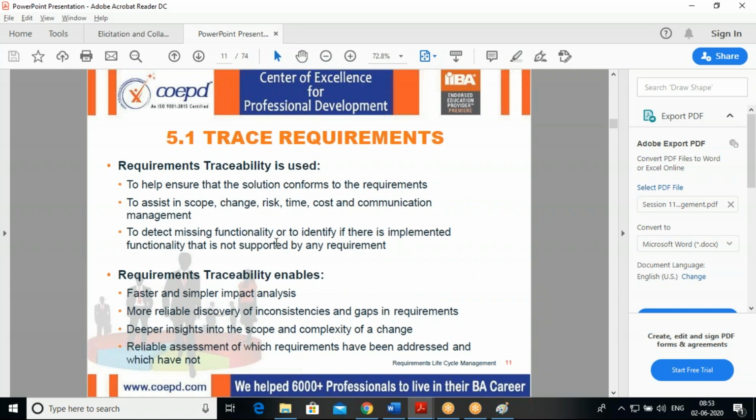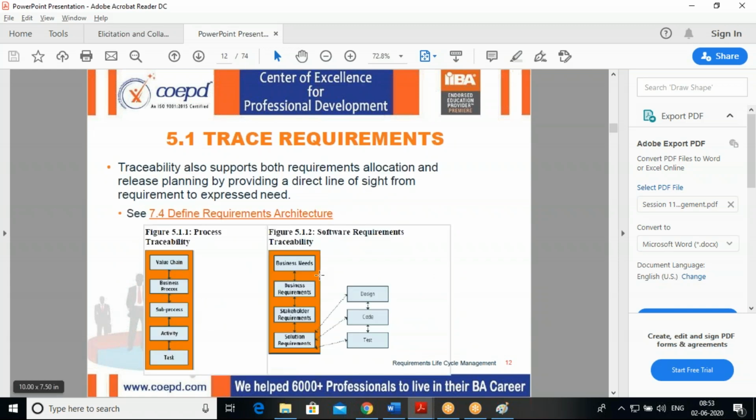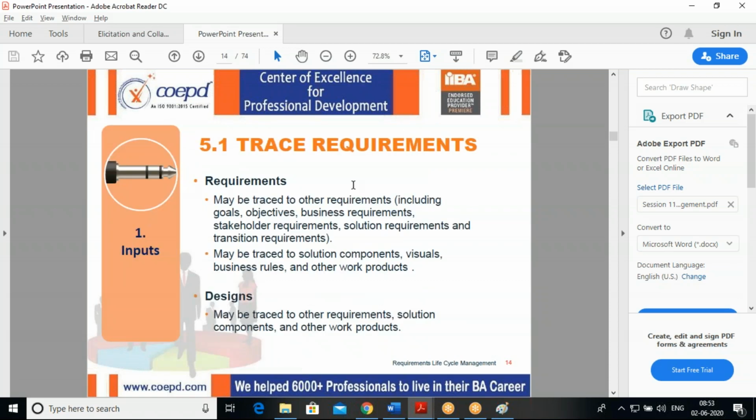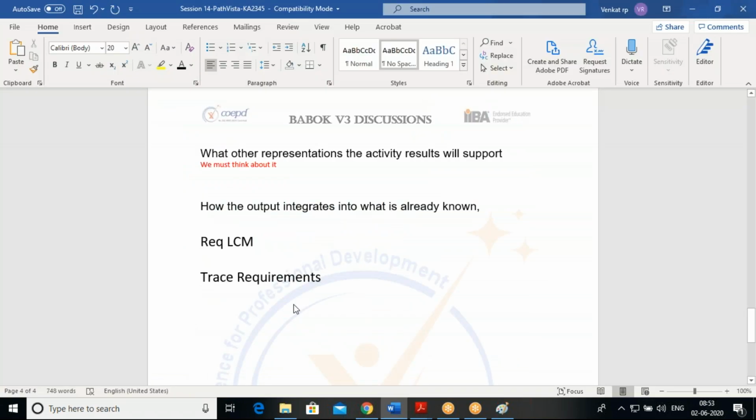The inputs we are going to take are requirements and designs. Before we get into this, requirements have two parts: requirements and designs. That is where we have started.